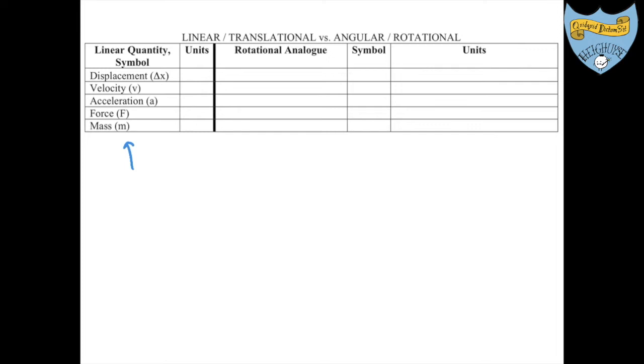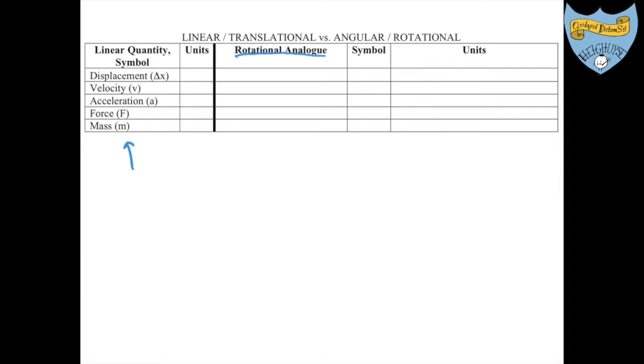Now, the reason the table contains all of these things that you've already heard of, like displacement, velocity, etc., is because when we talk about things that are rotating or spinning around, there's a rotational analog for each of them, meaning there's a thing that happens in rotation which is analogous to the same thing that happens in linear terms.